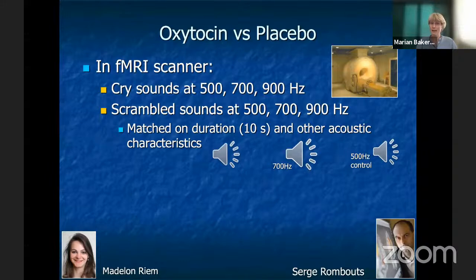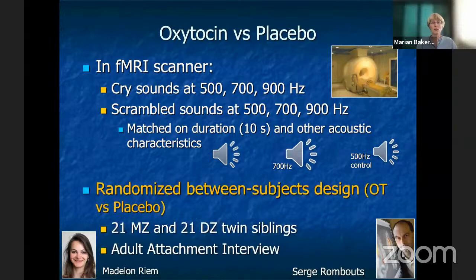We look again at the brain responses in the fMRI scanner, listening to the cry sounds that you know by now and the control sounds. We had twin siblings, and half of the twins, adult twins, received placebo and half of the twins received oxytocin. This was our first fMRI study, and by then we thought we could not ask the subjects to go into the scanner twice.